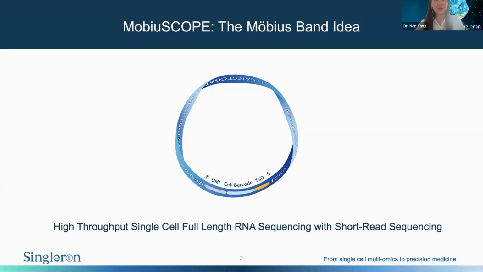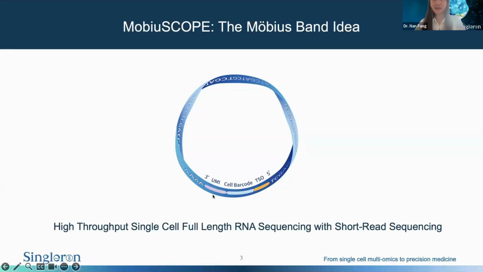This is a mathematical concept: if you have a band and you join both ends together, you can form the Mobius band that runs more or less endlessly from the beginning to the end in circles. And this way, as you can see here, normally for single-cell RNA sequencing, the trick is to label each individual RNA.